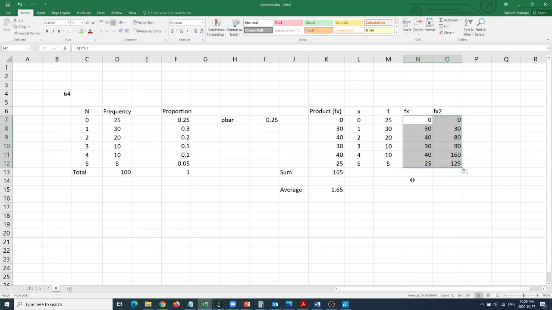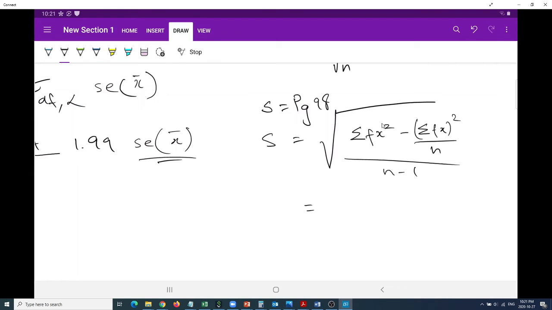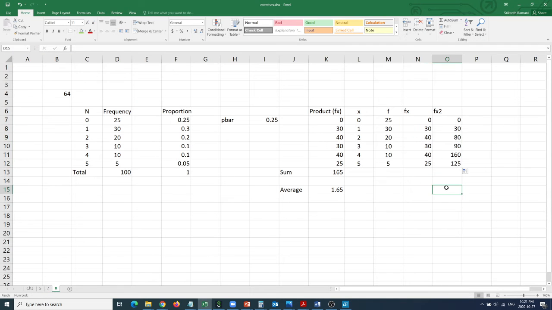And once you have these, what is our formula again? We need the summation of fx squared. So the summation of fx squared is going to be the sum of this.